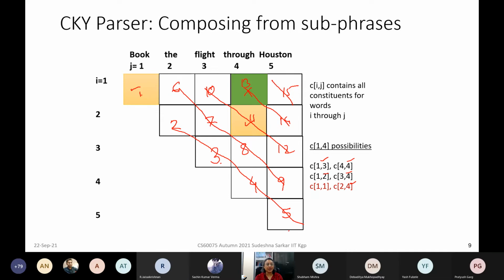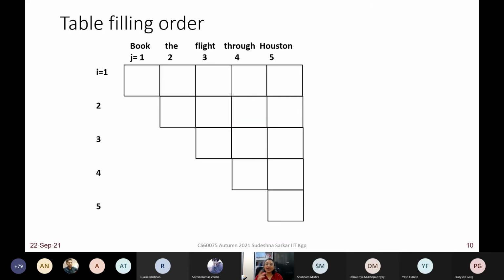But this way is not unique. There are other ways in which you can fill up so that the dependencies are met. There's nothing better or worse here. Another way to fill up is first you fill up 1, then 2, then 3, 4, 5, 6, 7, 8, 9, 10, 11, 12, 13, 14, 15.